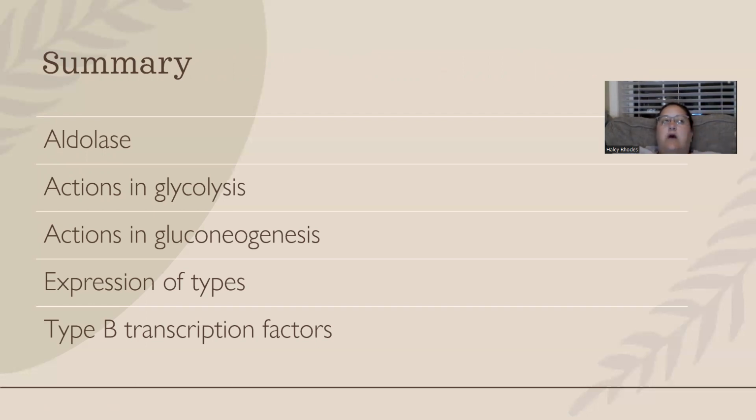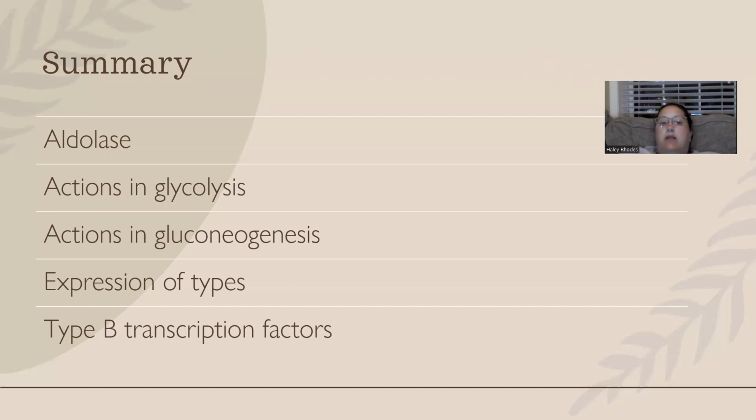Without aldolase, or having mutations within aldolase, you can almost stop glycolysis in its steps and have large amounts of fructose 1,6-bisphosphate, which is not good in many cells and can be very toxic in many different cells. And again, it's expressed in many different types of cells.